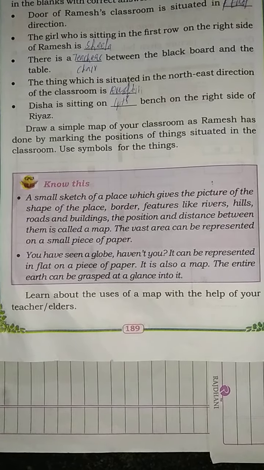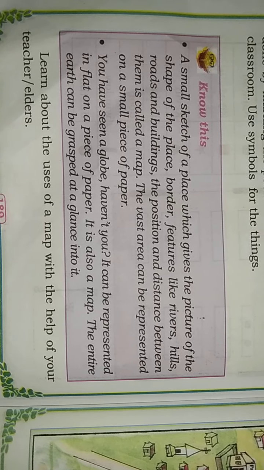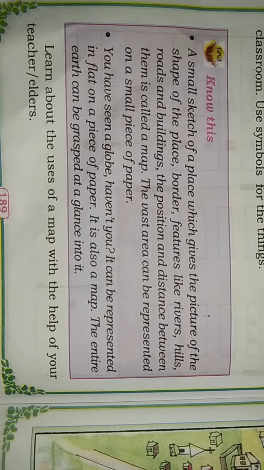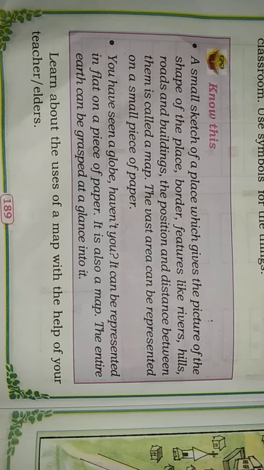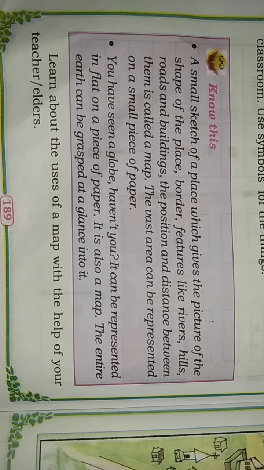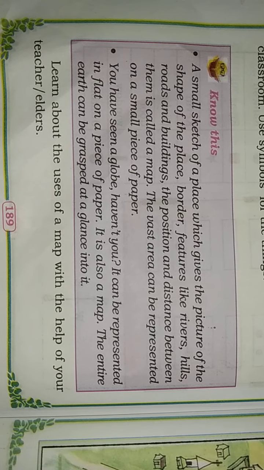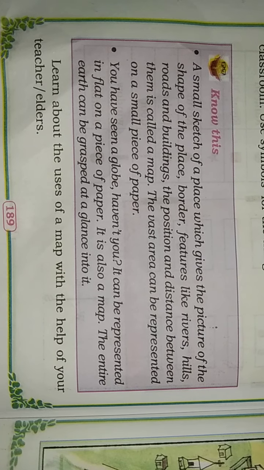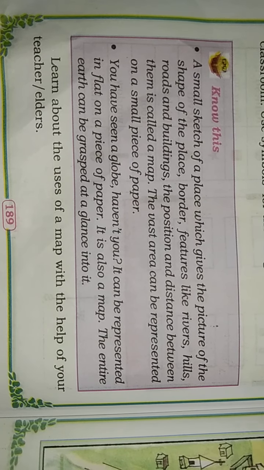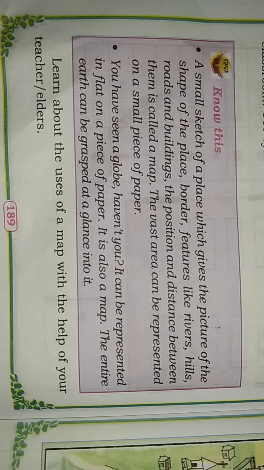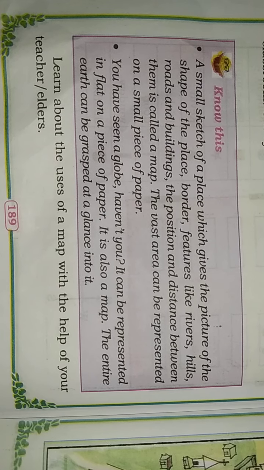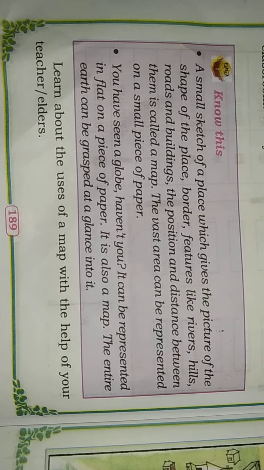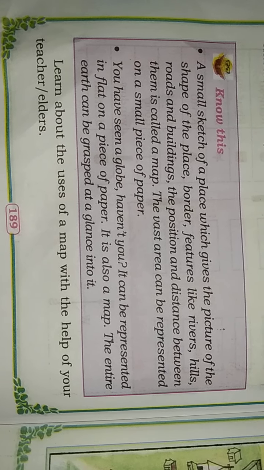So I will once again repeat it: a small sketch of a place which gives the picture of the shape of the place, border, and features like rivers, hills, roads, and buildings, and the position and distance between them, is called a map. The vast area can be represented on a small piece of paper. Now let us discuss one by one.